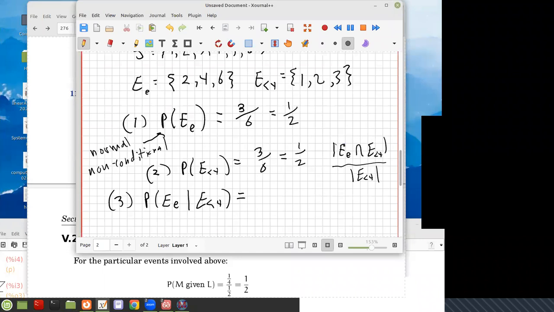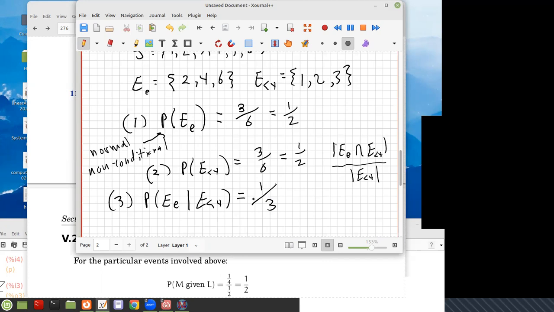Someone commented that the answer is going to be 1/3, because you take the intersection of the even set with the less than 4 set. The only outcome in common is 2, so that's 1, but it's over the number of outcomes in less than 4, which is 3. So the probability that it's even, given that it's less than 4, is 1/3.